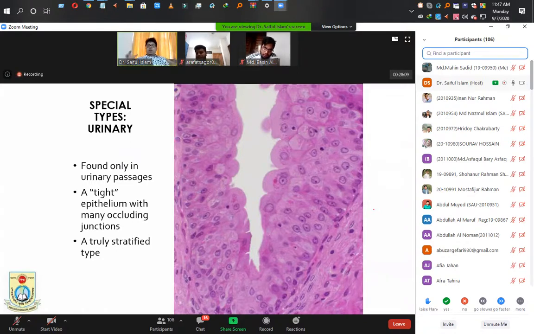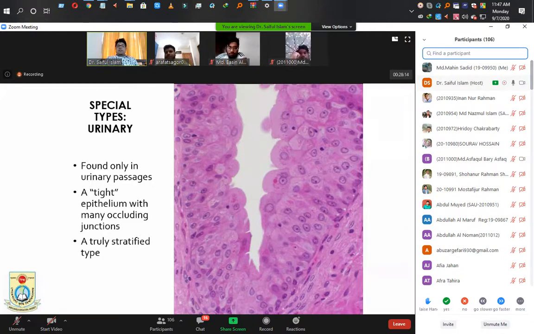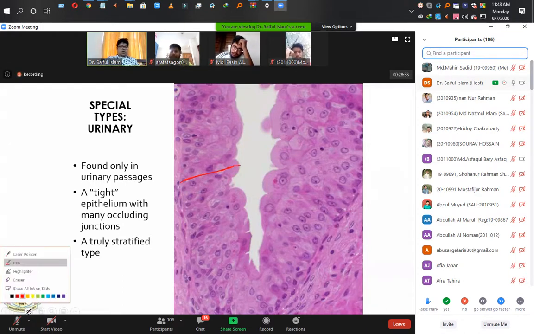So what will happen? By the pressure of the urine, the bladder has to expand or enlarge to accommodate the extra urine. Here you can see the urinary epithelium. Normally it is stratified and has 5 to 6 layers. But when the bladder is full or going to be full, it will try to accommodate urine, so the epithelium will be squeezed.